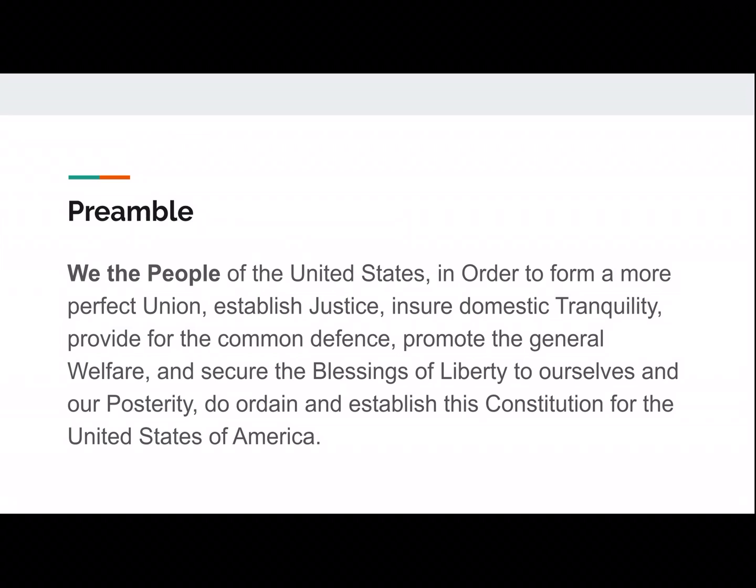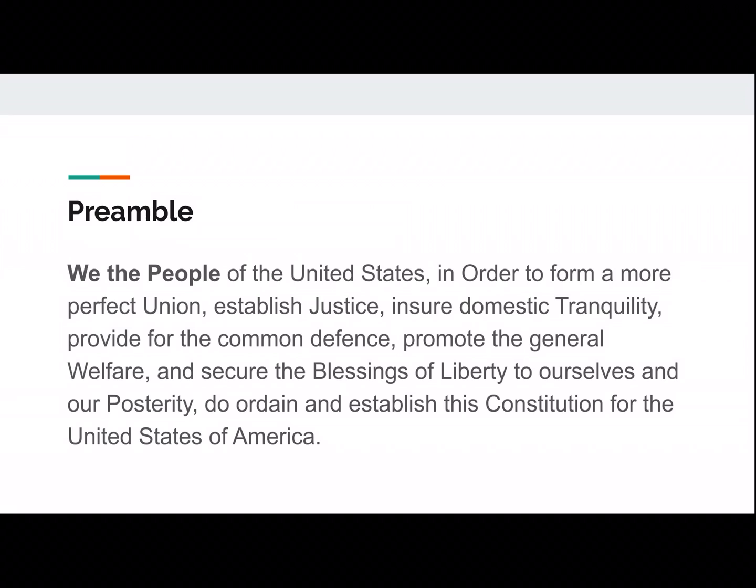All right, and secure the blessing of liberty to ourselves and our posterity. It basically means that freedom is going to be protected for us now and for those who come after us, our posterity. Of course, when this was written, it was for the white men who were in the United States, but of course we've been striving to do better and better ever since to include more and more people in those freedoms.